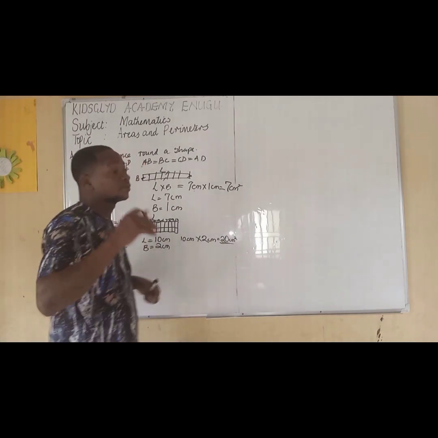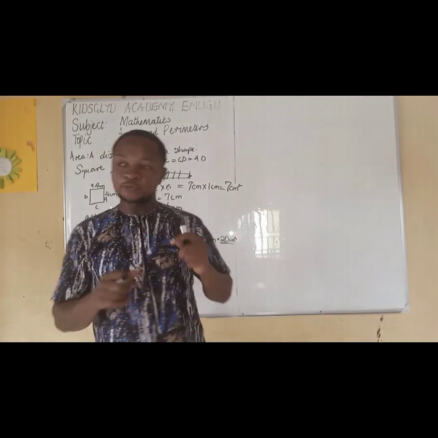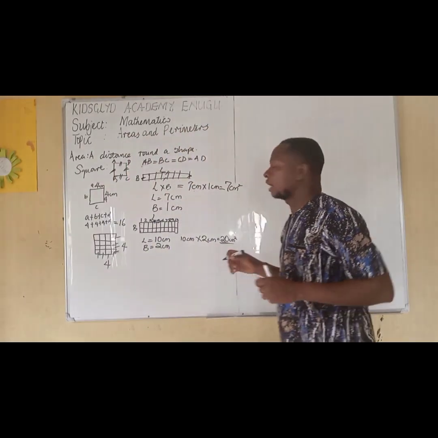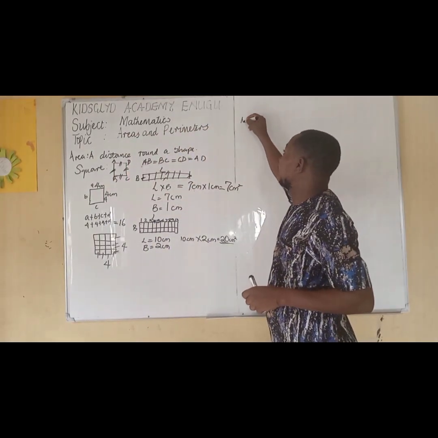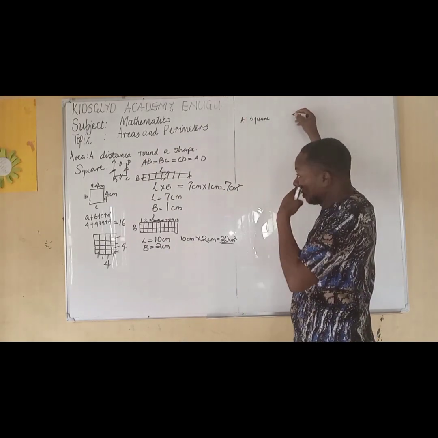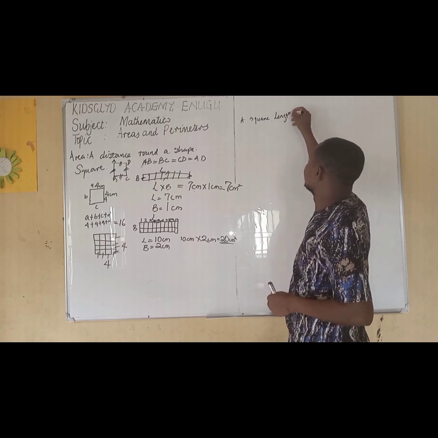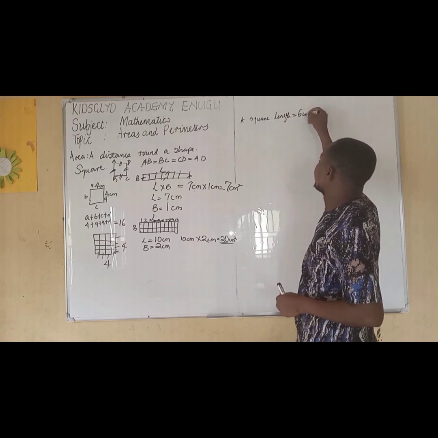Now, sometimes when we are given simple problems to solve, we might be told a square has length equal to 6 centimeters.